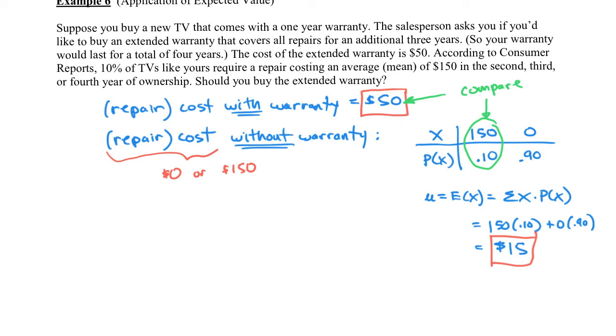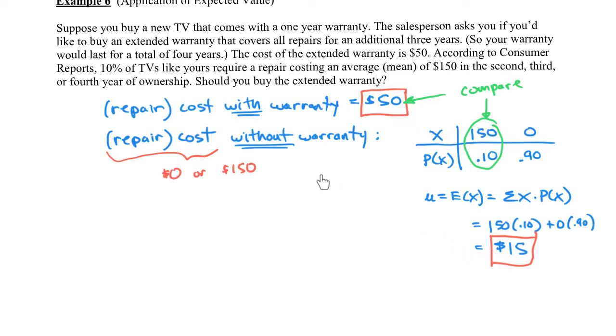So you're paying for the peace of mind when you buy a warranty. That's basically what you're paying for. Peace of mind, you know that if something breaks, you can get it replaced. So in any of these situations, if you know these two pieces of information, you want to compare that to the cost of the warranty and then make your decision. Is that close enough where it's worth it or not?